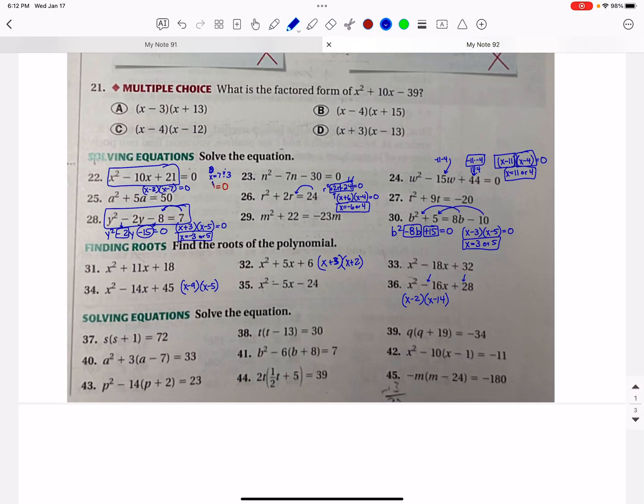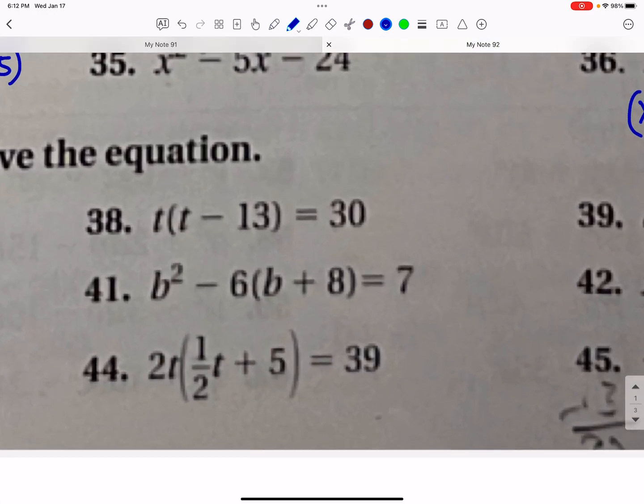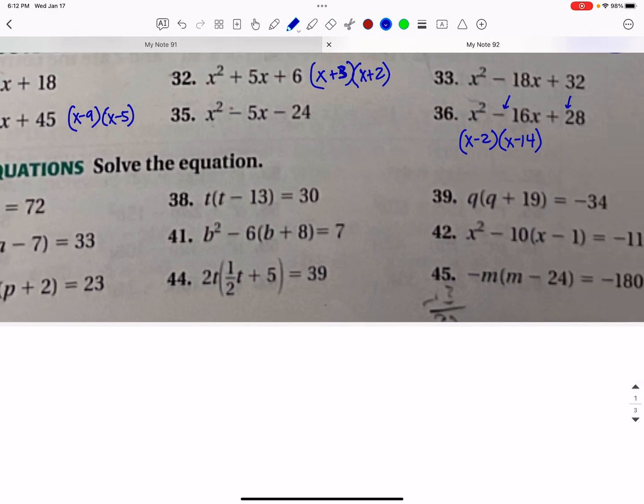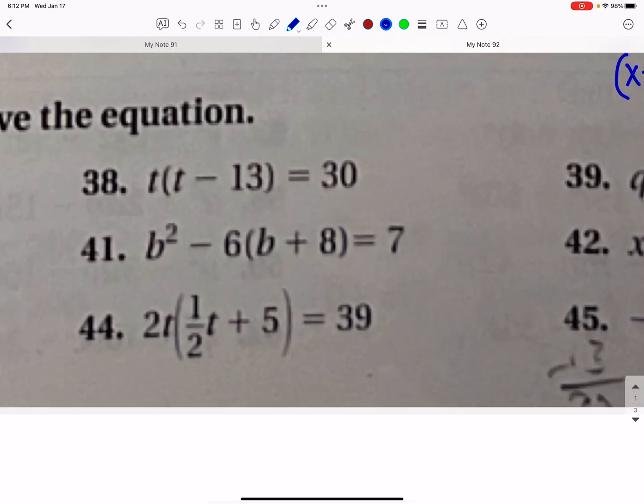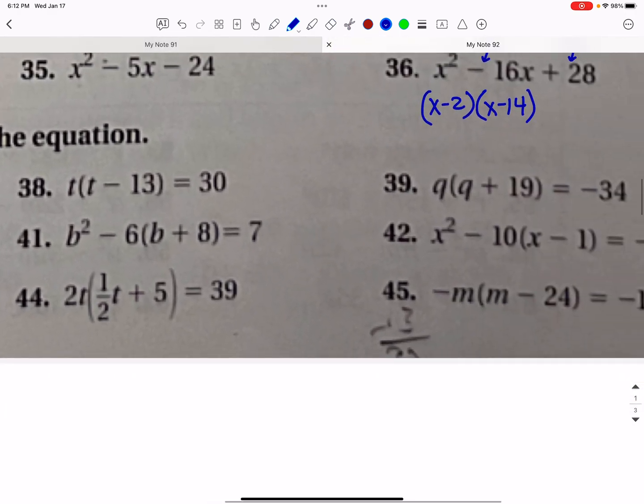All right, let's see. 38. Solve the equation. Okay, this one's tough. T times t is t squared. T times negative 13 is negative 13t equals 30. We got to put the 30 over on this side, so now we have t squared minus 13t minus 30 equals 0.